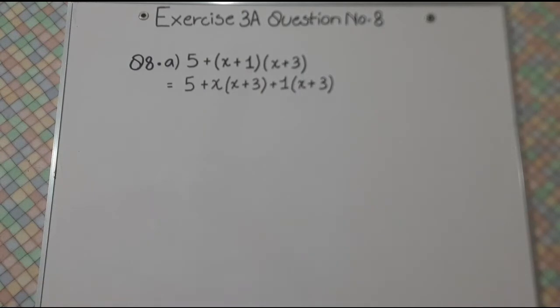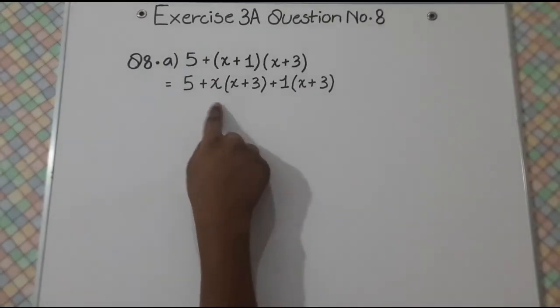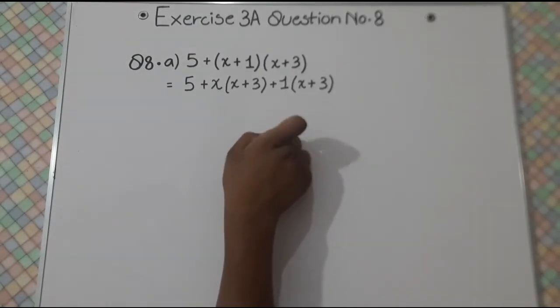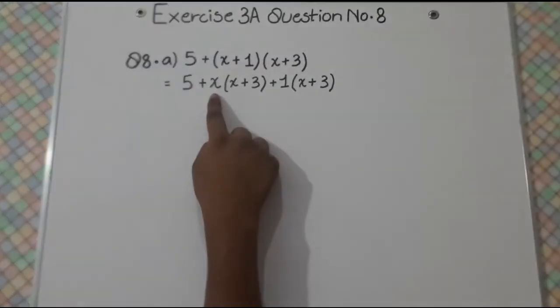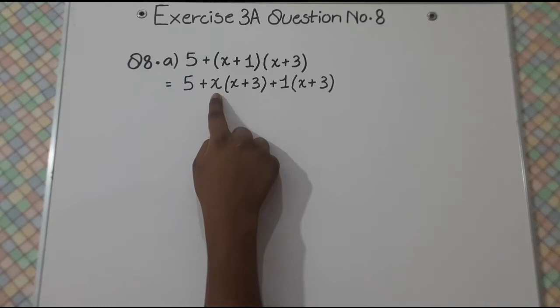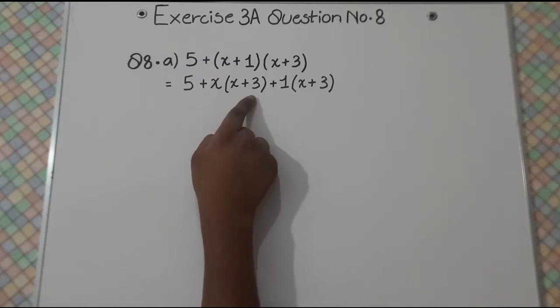So now we have expanded one of the brackets. Now we are going to multiply this x with this bracket and 1 with this bracket. So x multiplied by x is x square and x multiplied by 3 is 3x, and the sign would be positive.